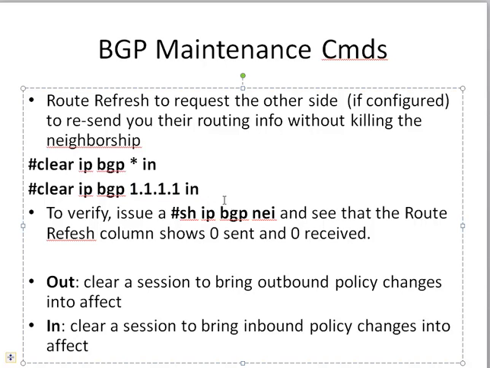And one good way to verify that is to issue a show IP BGP neighbor and see that the route refresh column shows 0 received and 0 sent. That's how you know you hit the reset button, you're starting from scratch, and you're 100% sure that this command took.